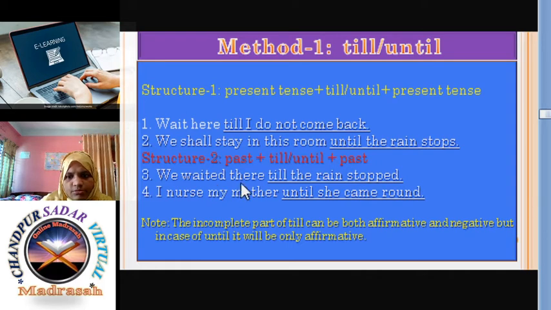Notice, waited is verb 2 and stopped is also verb 2. In the same way, you also have to remember that the incomplete part of till can be both affirmative and negative. That means in the case of till, the sentence can be both affirmative and negative. But in the case of until, the sentence has to be affirmative. Remember that.